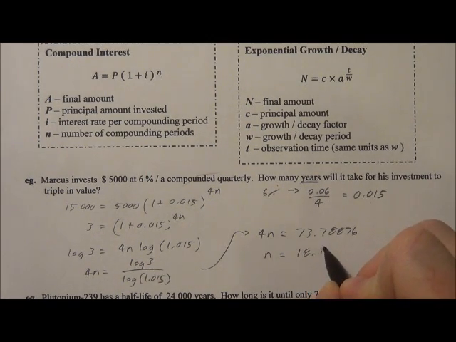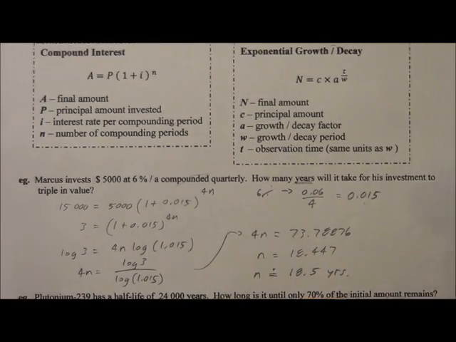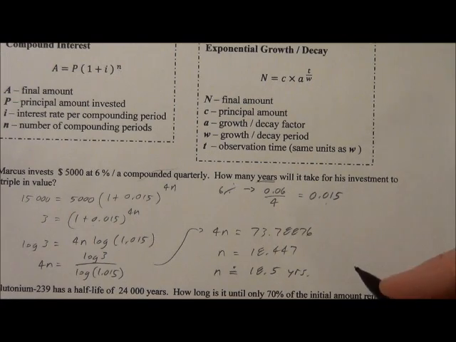And so that's 18.447. So I would say n is approximately 18.5 years. And then of course with all word problems, we'll have a little therefore statement. Therefore, Marcus blah blah blah, 18.5 years, yada yada yada.